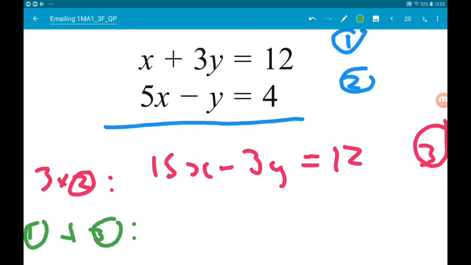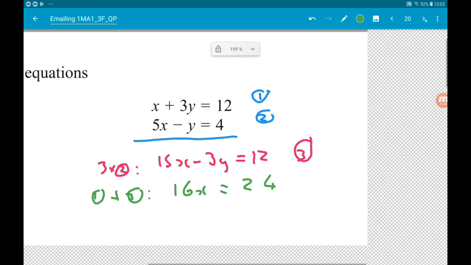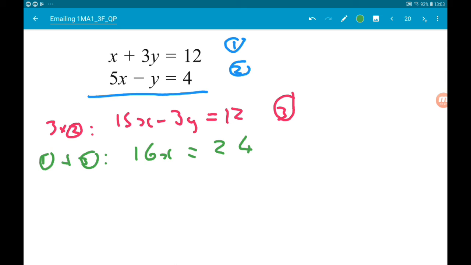So we've now got x add 15x, which is 16x. 3y add minus 3y is nothing. And 12 add 12 is 24. Now to get x, divide by 16.